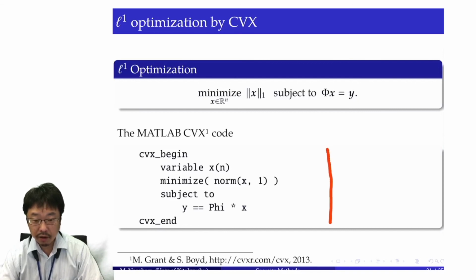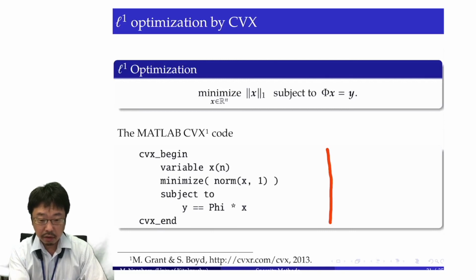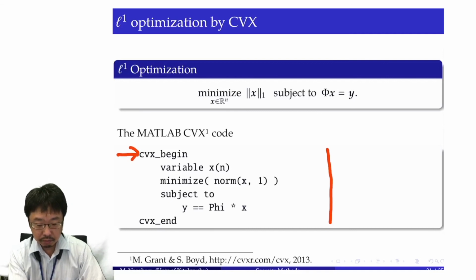The code is very simple, and you can easily read the code. First, we begin by writing cvx_begin, then define optimization variable x of size n here.